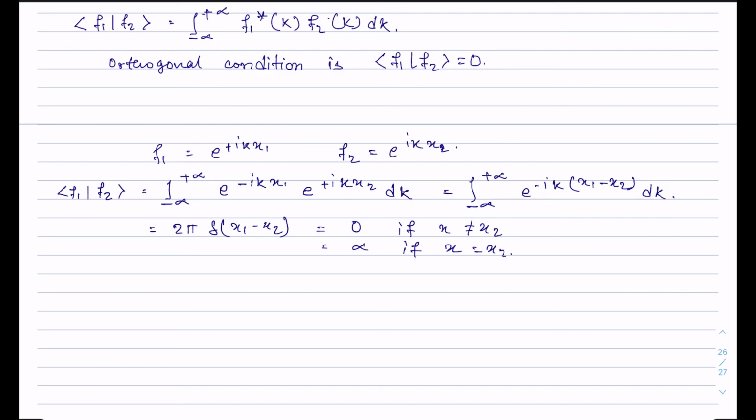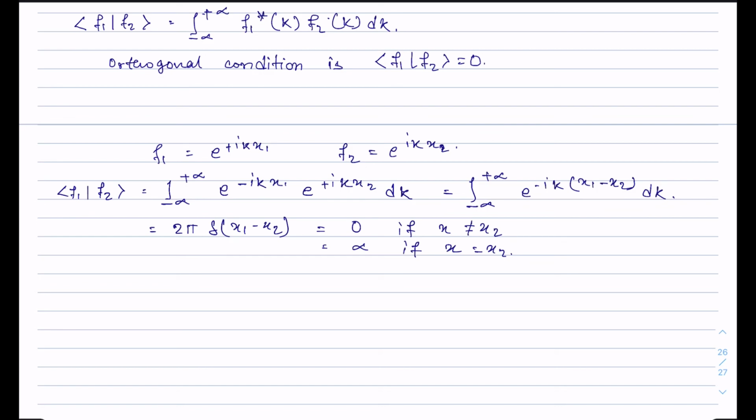So you can say that the functions f1 and f2 will be orthogonal to each other for x1 not equal to x2. That is, you can represent this orthogonal property of two functions through the Dirac delta function. This is what I am trying to tell you: how to represent the orthogonal condition of two functions through the Dirac delta function.